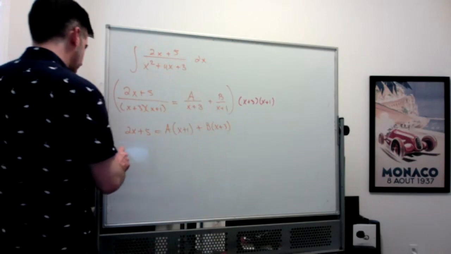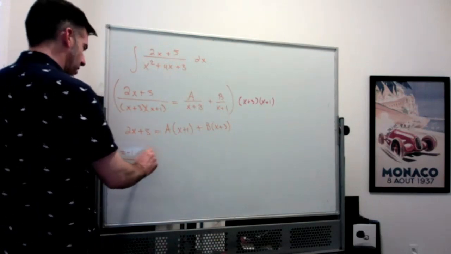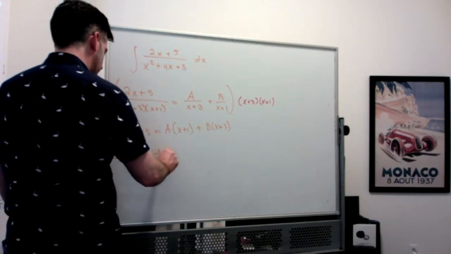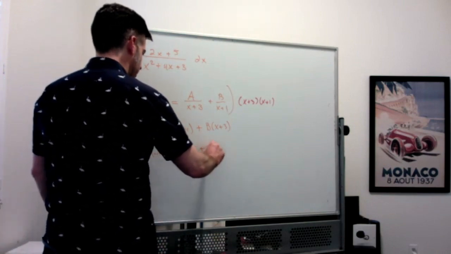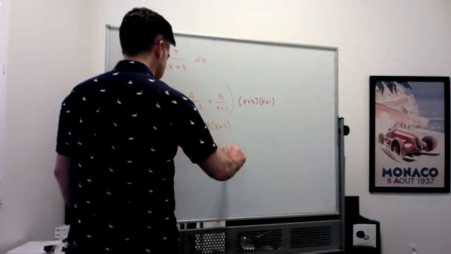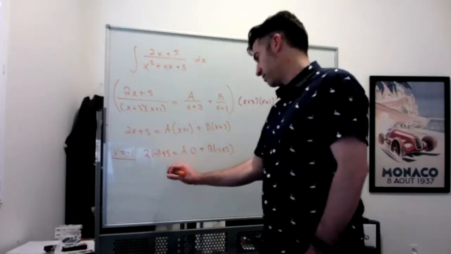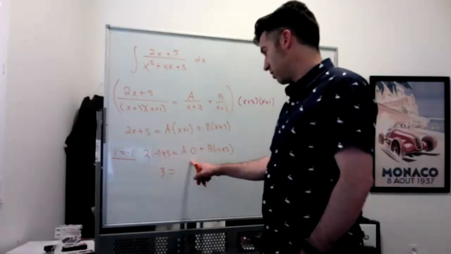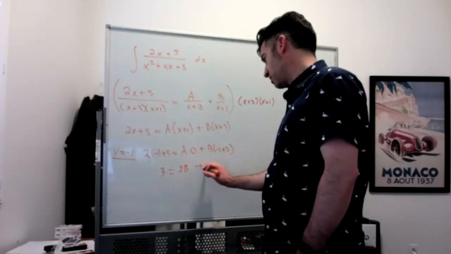So I'm going to let x equal -1. If x is -1, I get 2 times -1 plus 5 equals a times 0 plus b times -1 plus 3. Okay, well, let's see. -2 plus 5 is 3. That equals 0, plus b times 2. So b is going to be 3/2.